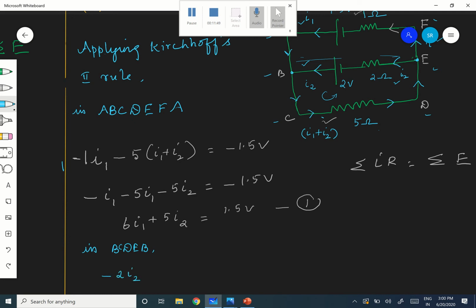Then in CD, minus 5 into I1 plus I2, correct? That should be equal to the EMF. Once again, the EMF is in the anti-clockwise direction. The second condition is satisfied, but the first condition, that it has to be in the clockwise direction, is not satisfied. Therefore, it should be minus 2.